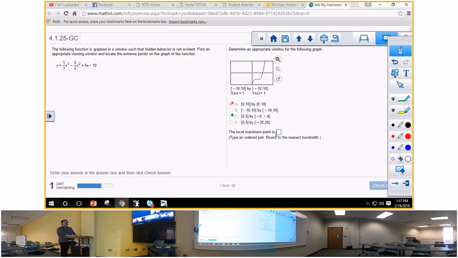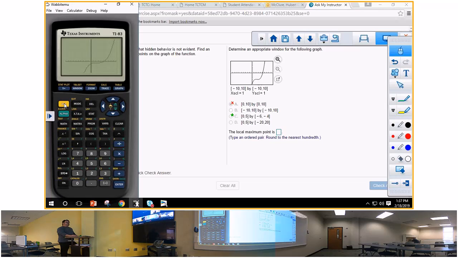And the local min and max, how do you use that? You hit second, trace, and find the minimum, which is number 3. You don't have to do left bound or right bound, but you can if you want to. My min is basically where it's turning. It's got hidden behavior, so we're going to have to zoom in to see that hidden behavior.